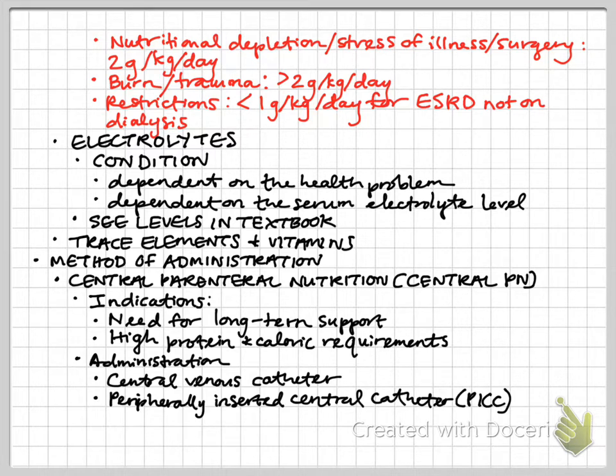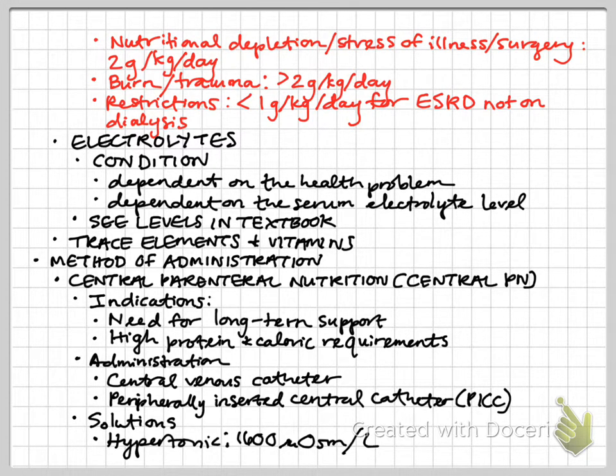Solutions that are used for parenteral nutrition, for central parenteral nutrition, are extremely hypertonic, which is why it requires such a large line. So hypertonic, that's 1,600 milliosmoles per liter. That's an M right there.